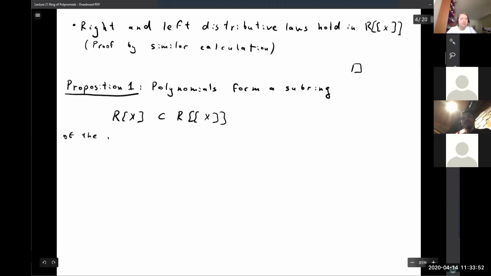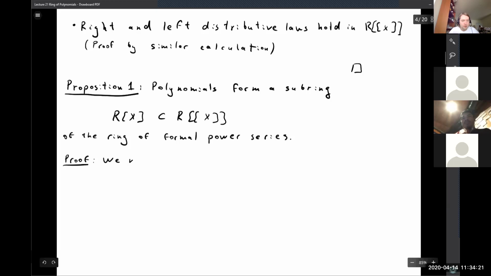Of the ring of formal power series. Well, in order to prove that some subset is a subring, we need to prove that it is an abelian group, and it is closed with respect to multiplication.